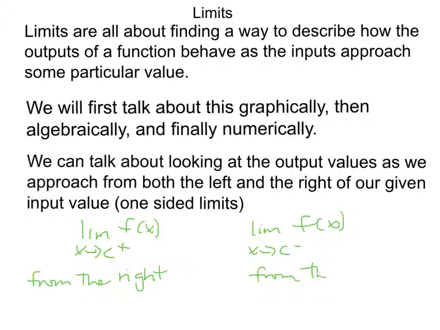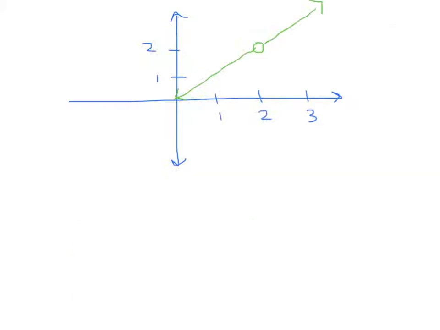So let's take a look at a graph and see if we can figure out what exactly we're talking about when we talk about from the left and from the right. So here I've drawn a little picture of a graph, and it looks sort of linear, except it has this open circle at the point 2, 2. Well, that open circle represents a hole in the graph. And a hole is really not important when you're talking about a limit.